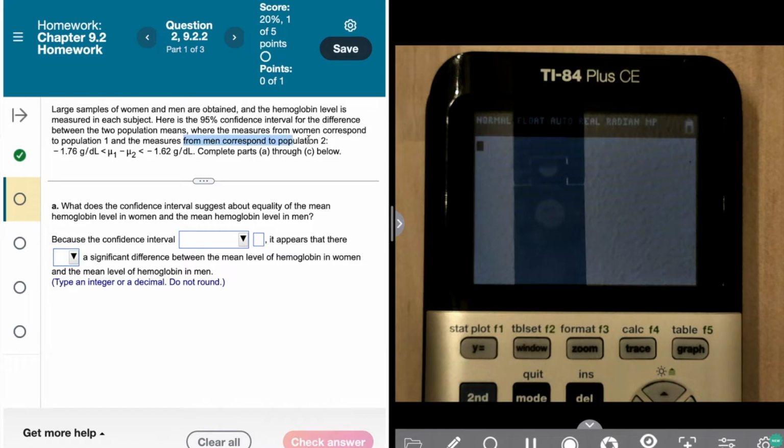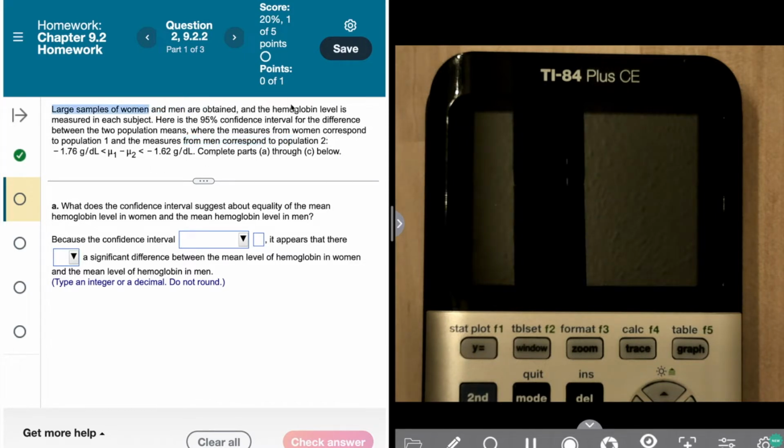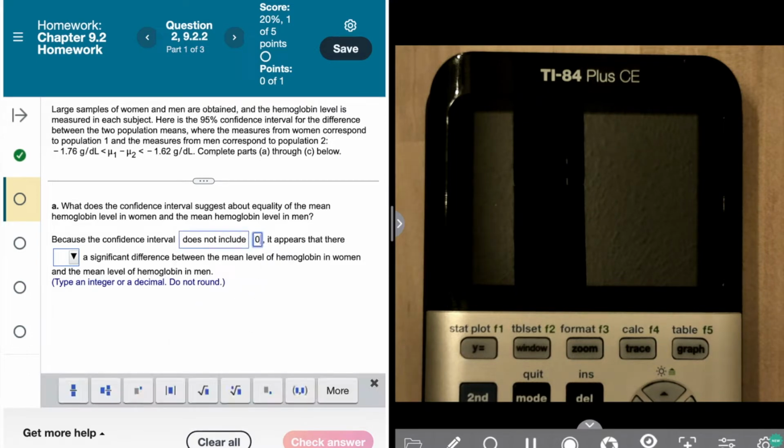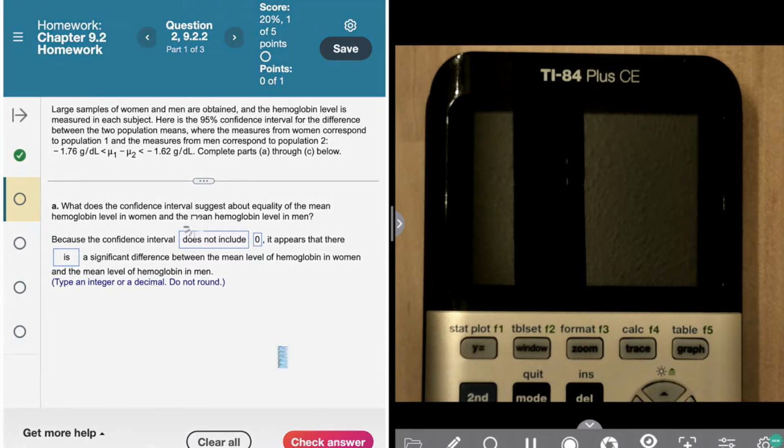The men correspond to population 2, so we're 95% confident that the hemoglobin level in men is going to be larger than for women, because the comparison between the two in a confidence interval is always sided towards the negatives. Okay, because it does not include 0, it appears that there is a significant difference between men and women.